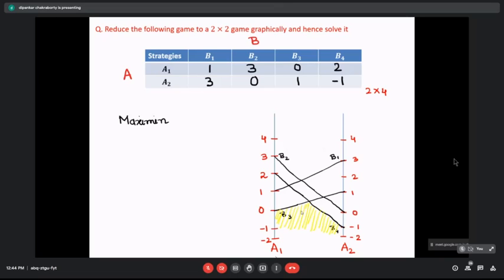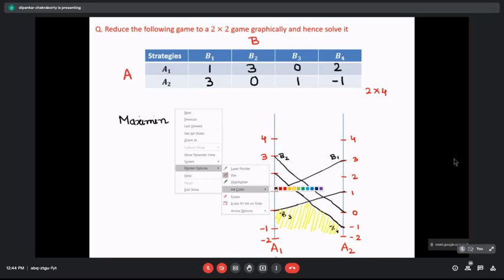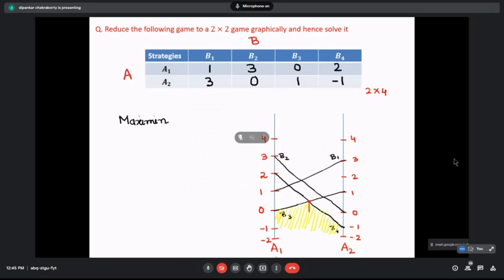So what is the maximum point in this lower envelope? Anyone? The maximum point in this lower envelope is this one. So this point is your maximum point. Is it okay? So you can say the highest point in the lower envelope represents the maximum expected gain to player A.